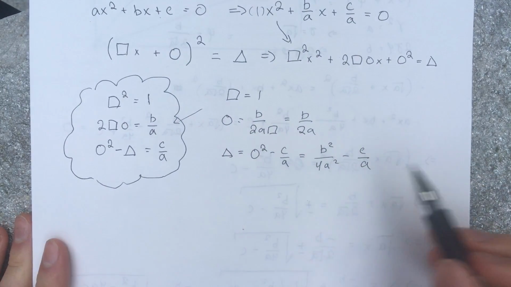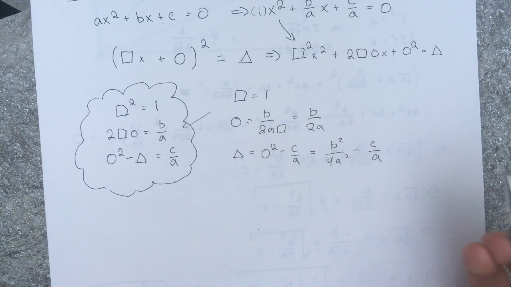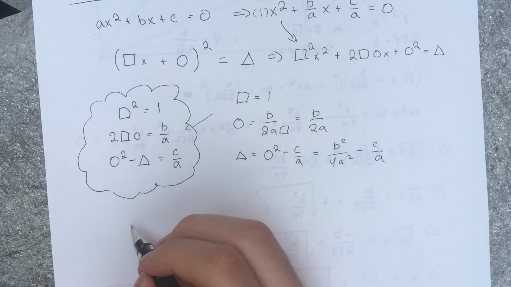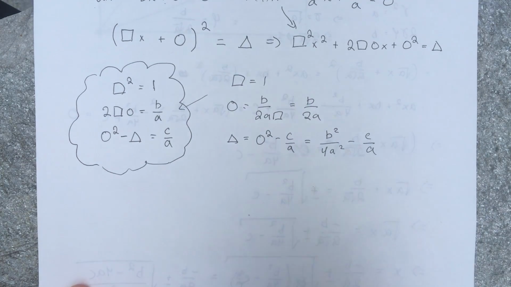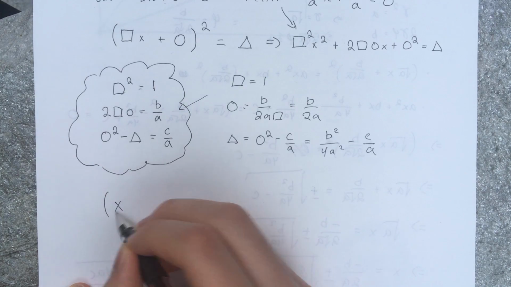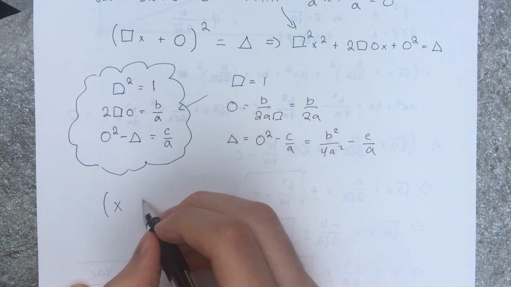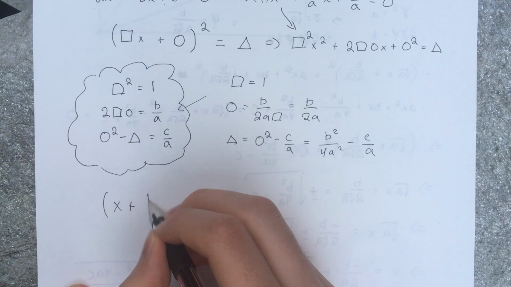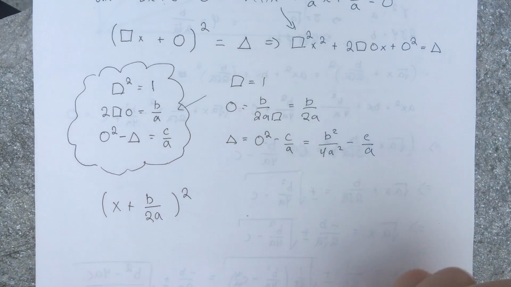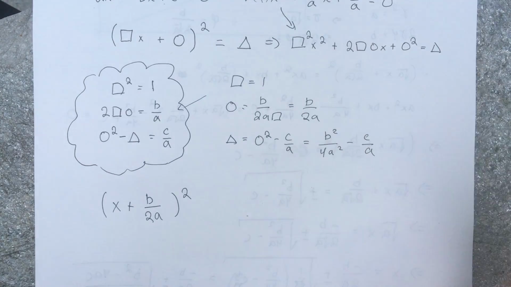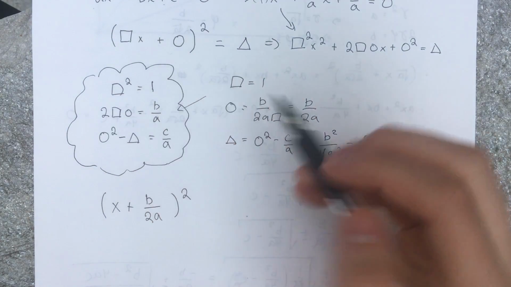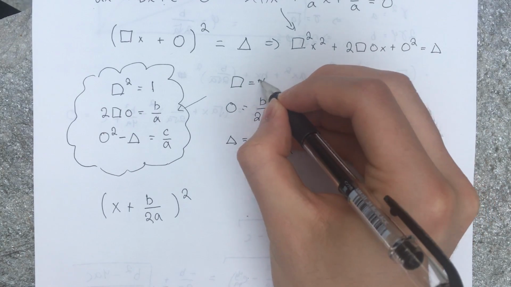So now if we take all these things and plug it back in, we'll complete the square accurately. So here we have x, that's square, plus b over 2a squared. Oh, also I wanted to mention real quick that here, since we did do a square root, this really should be plus or minus 1.